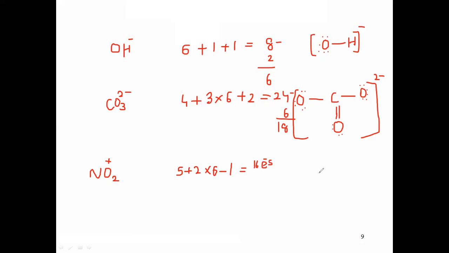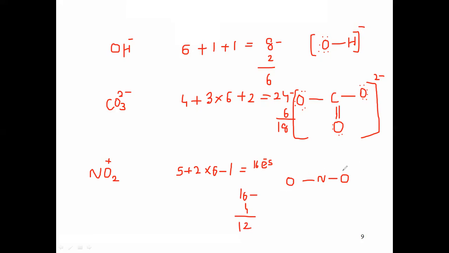Now, skeletal structure: nitrogen atom with a single bond to an oxygen atom and another single bond to another oxygen atom. Now, 4 electrons we used, so we have to subtract that. 16 minus 4, we will get 12 electrons. So 12 remaining electrons are there. The 12 electrons we should put on these atoms.